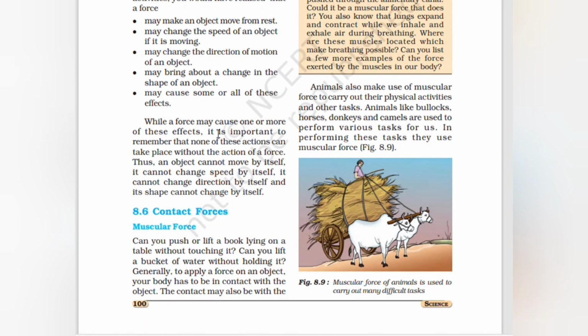While a force may cause one or more of these effects, it is important to remember that none of these actions can take place without the action of a force. Thus, an object cannot move by itself. It cannot change speed by itself, cannot change direction by itself, and its shape cannot change by itself.